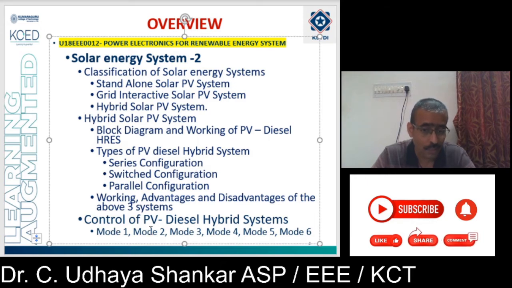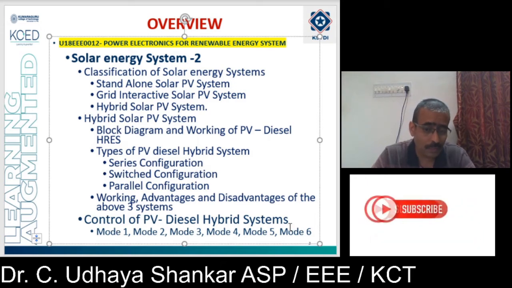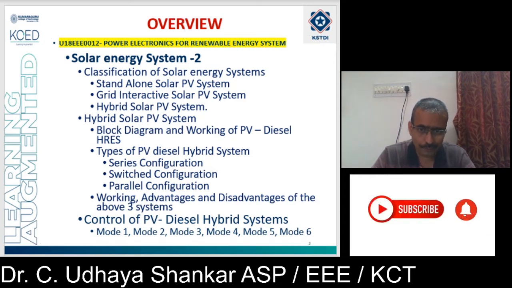It has to be operated in 6 different modes, and we will discuss all 6 modes in detail. Now let us go into the first topic, that is, the classification of solar energy systems.